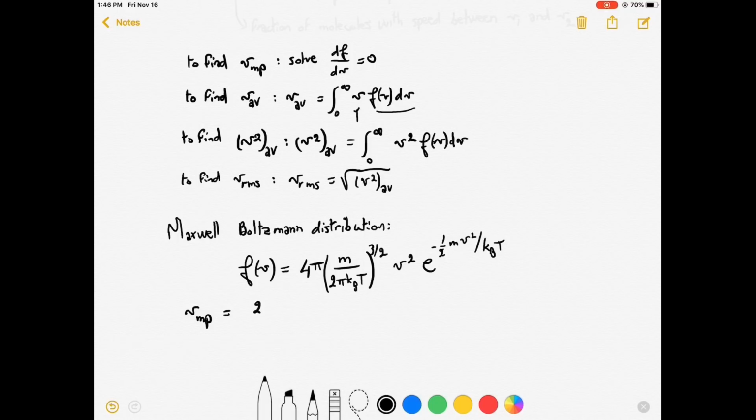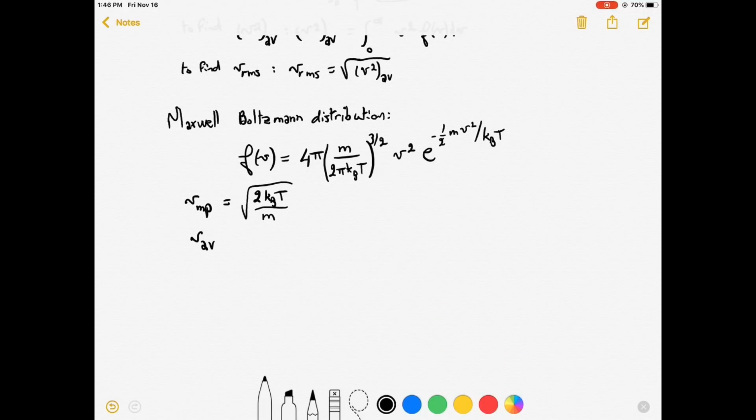From this you can calculate the most probable velocity, which is the square root of 2 k_B T over m. You can also calculate the average speed, and that is the square root of 8 k_B T over pi m, and the root mean square, RMS, which is the square root of 3 k_B T over m.